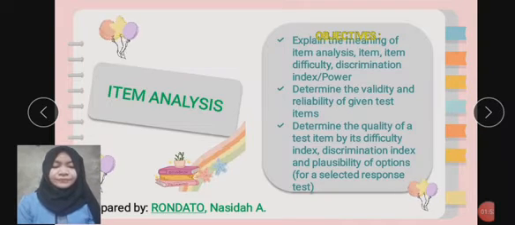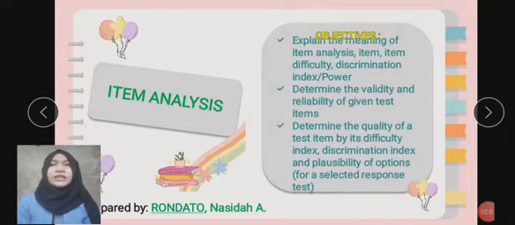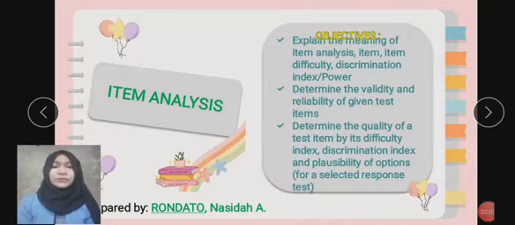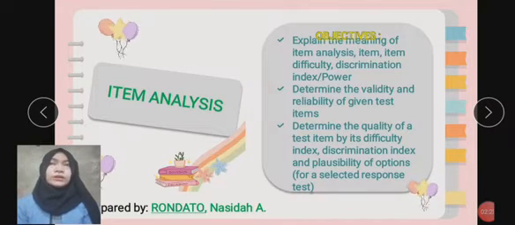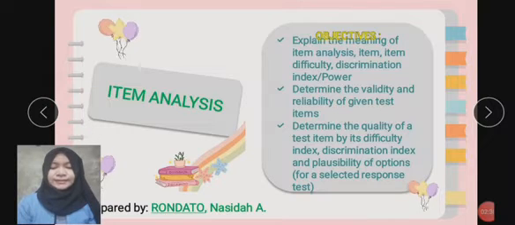This time, as an effective teacher, after each quiz that we give, we need to ask ourselves kung ang mga quiz ba na ating binigay sa mga student natin ay effective pa, or if that quiz helped them to enhance their skills, or to see how the questions are performing, we need to go through item analysis.